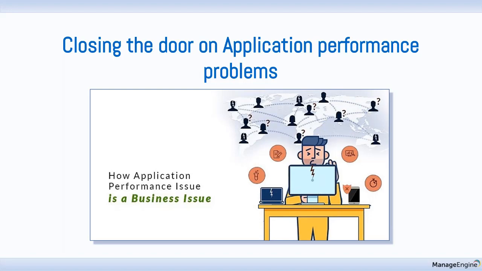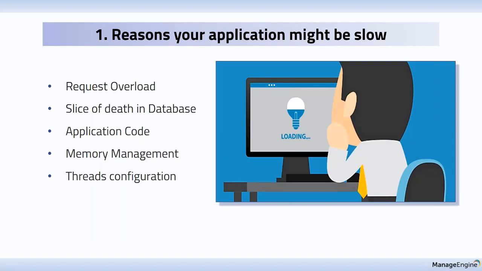Let's see the common reasons why your application might be slow. If the web server is overloaded with too many requests from the client, that could in fact cause slowness to your application. The slow server, which the server teams don't like to hear.